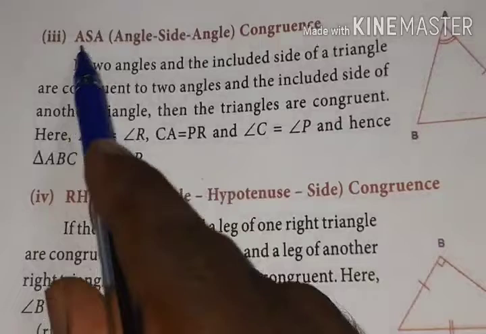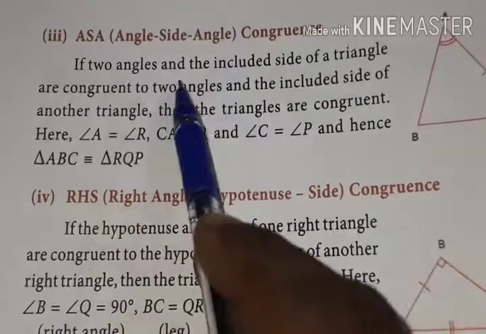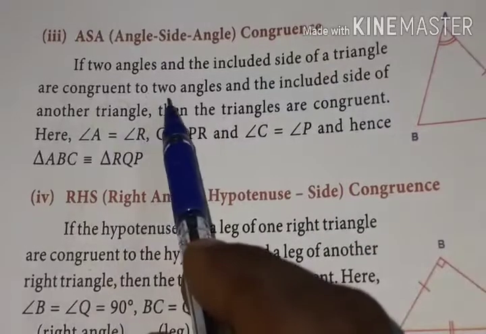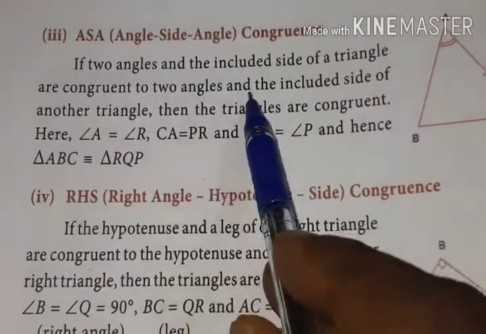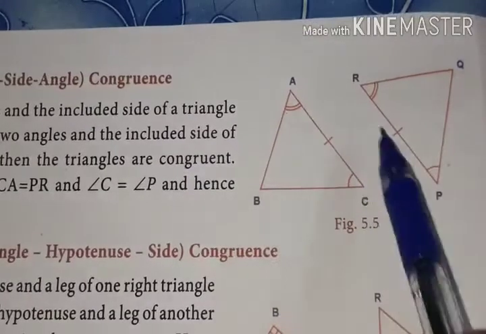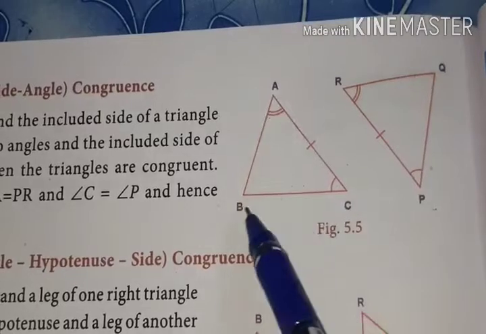Then ASA, angle side angle congruence. If two angles and the included side of a triangle are congruent to two angles and the included side of another triangle, then triangle ABC is congruent to triangle PQR.